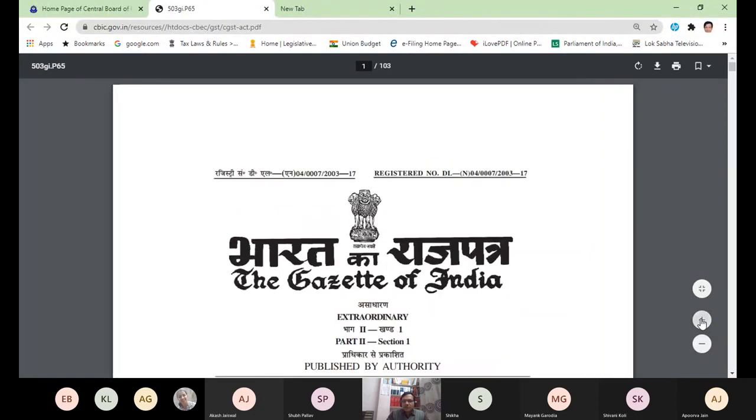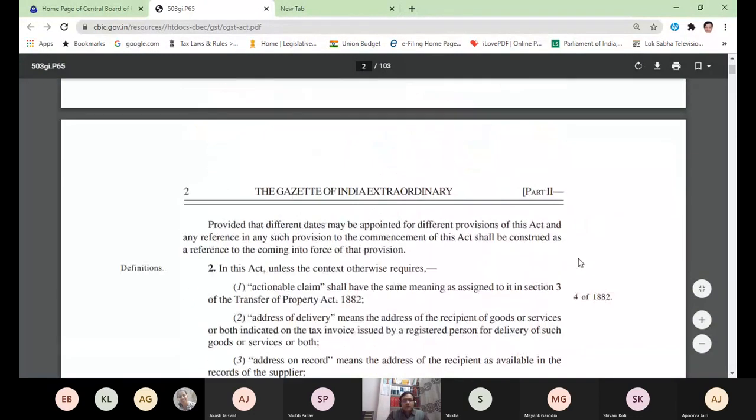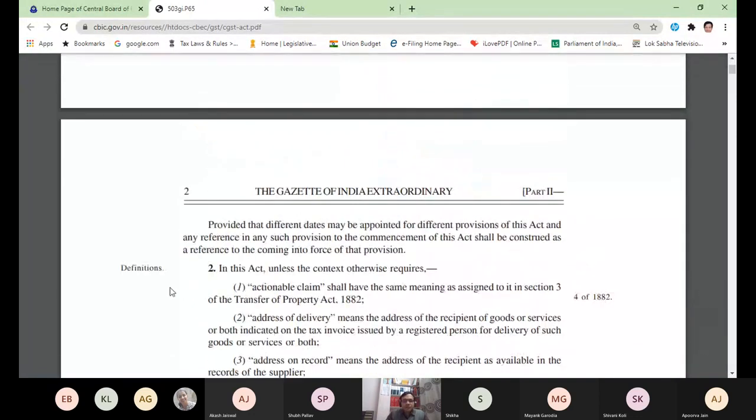I hope the act is visible to you now. If it is not visible, then only tell me. Otherwise, I am assuming that it is visible.